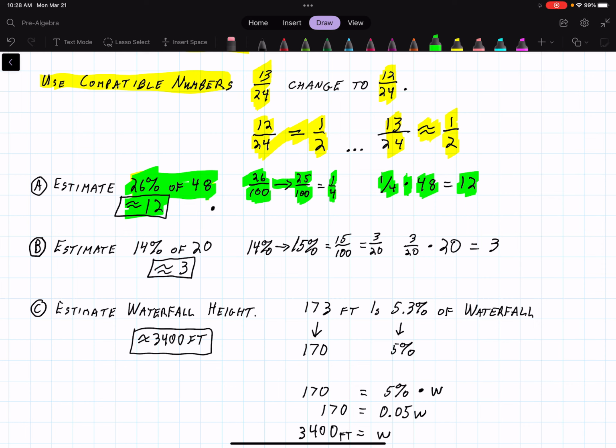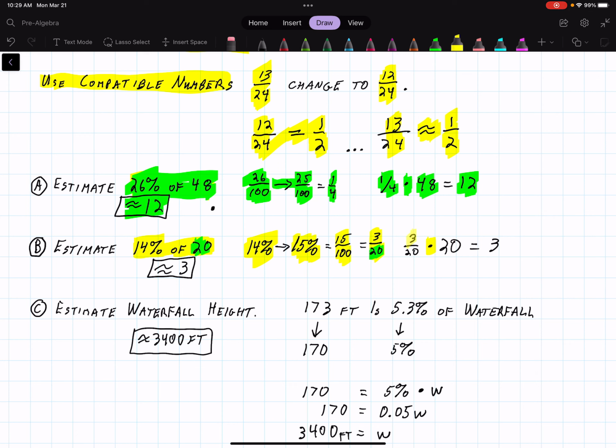The next estimation here is 14% of 20. Once again, we have the "of" word, so we know we're going to do a multiplication. So first thing I do is I say 14%. Well, if I did 15%, I then get 15 over 100, which can be reduced to 3 over 20. And by the way, I see that I have 20 here, and 20 is one of my numbers, so that's a very compatible number.